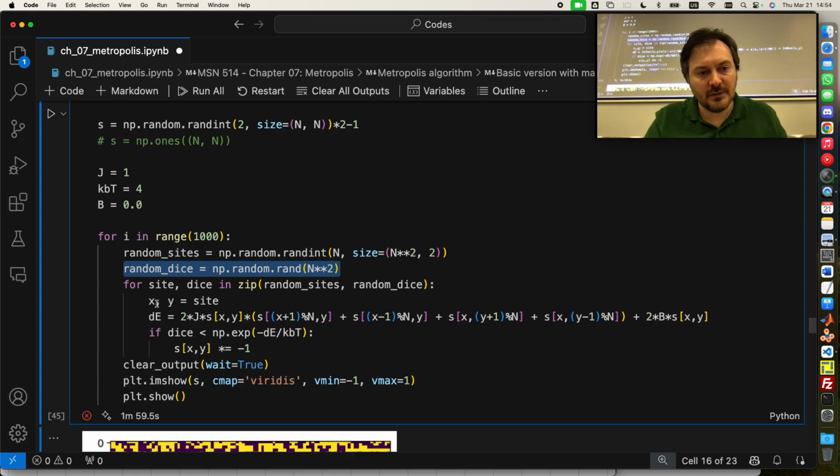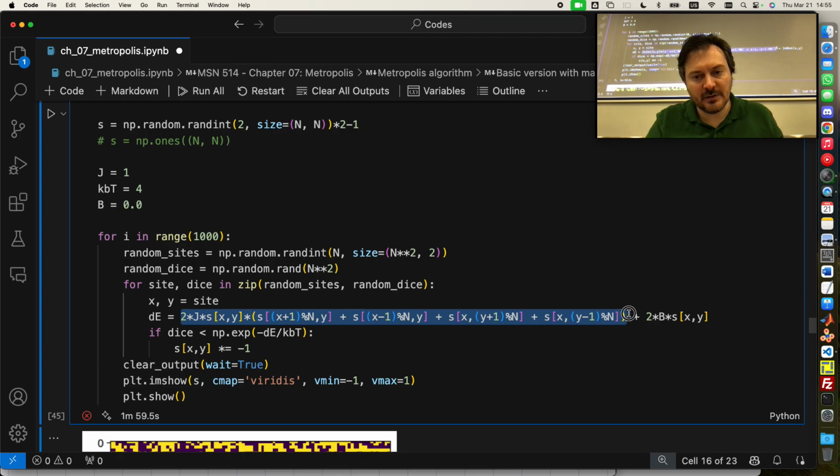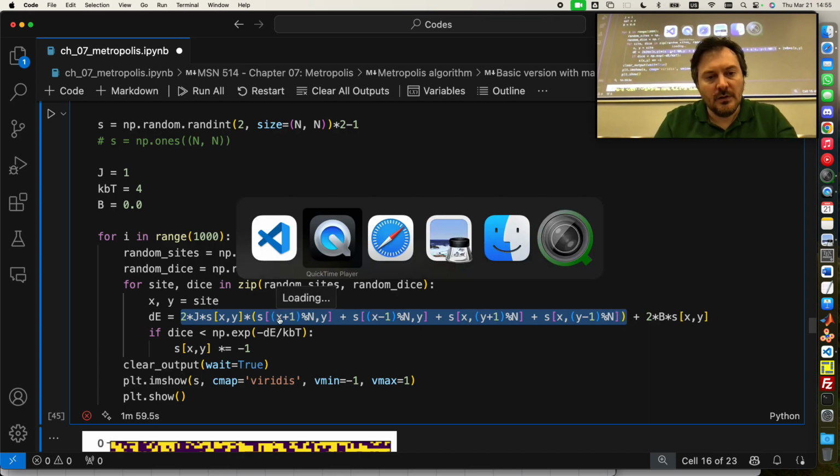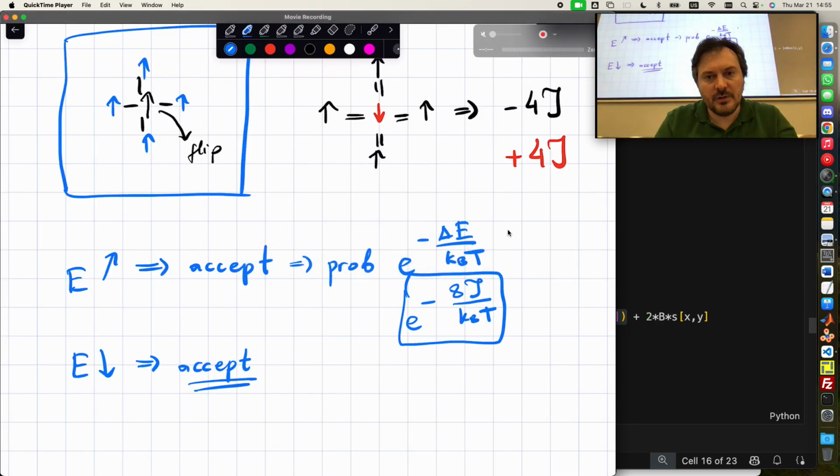And then there is, let's say, xy, a certain site. I go there and this is my delta E. Why do you think this is my delta E? Let me show you here. Did you notice when it was up, our energy was minus 4J, right?